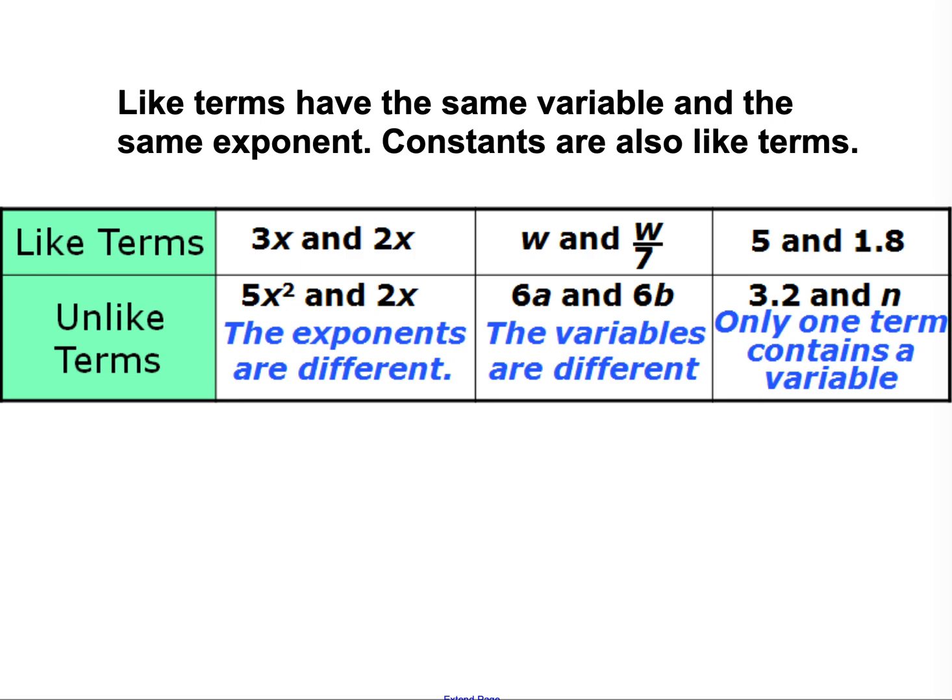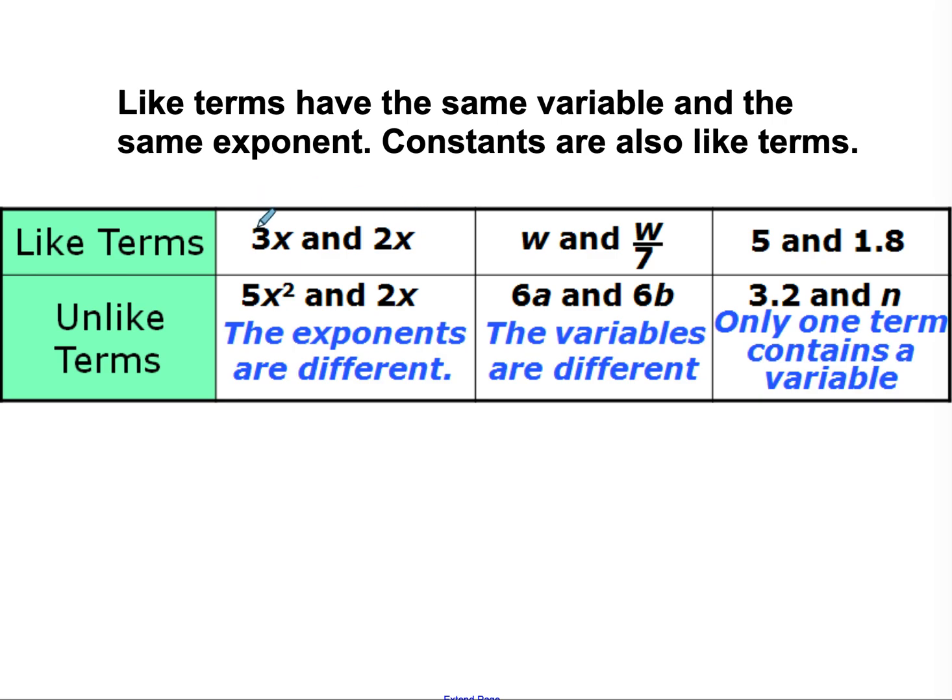All right, so I want to start by talking a little bit about like terms and unlike terms. Like terms have the same variable, that means the same letter, and the same exponents. Constants, which are numbers without a letter, are also like terms. So there are some examples here of different like terms. 3x and 2x are like terms.